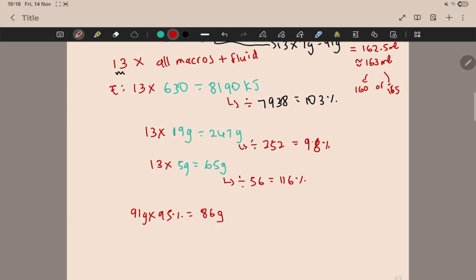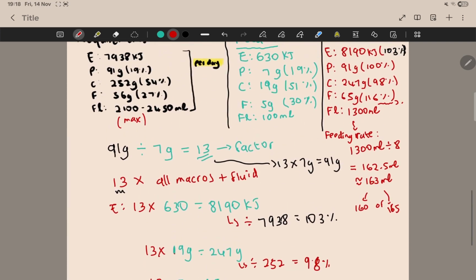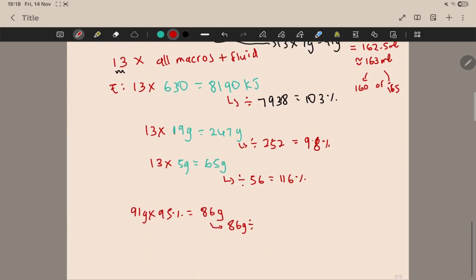So you simply say 86 grams divided by your feed, which is 7 grams, and your new factor would be 12.3. So let's go 12 then. Okay, that is your new factor.